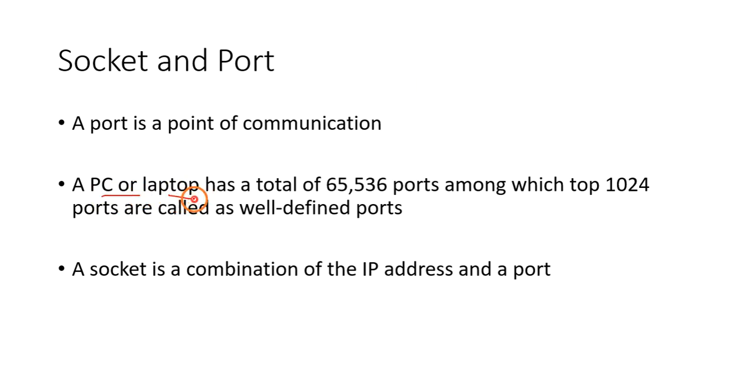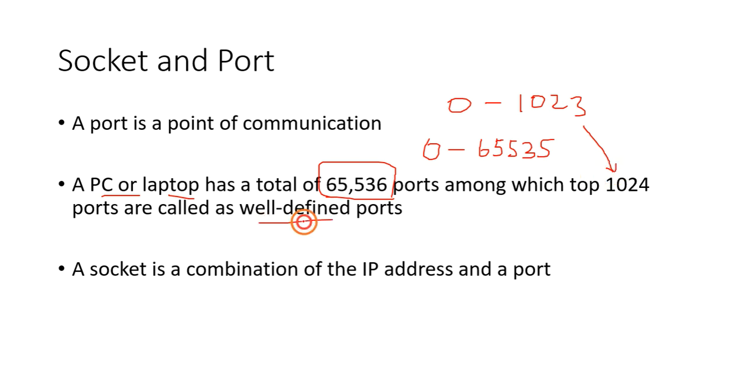Now, how many ports will be there in a system? Your PC or laptop will contain so many ports, a total of 65,536 ports, from 0 to 65,535. Of these, ports 0 to 1023, a total of 1024 ports, are called well-defined ports.